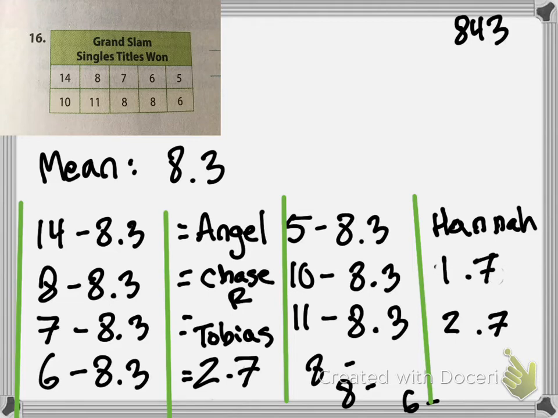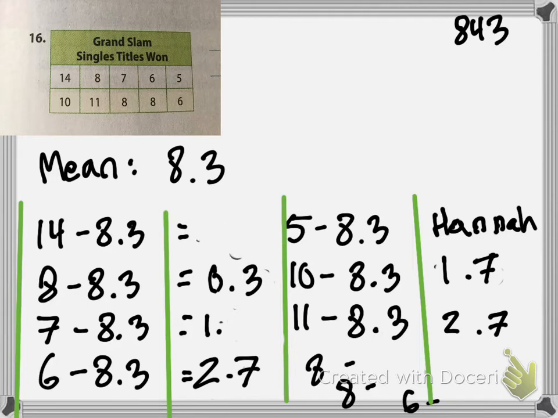Let's see who else has answered so far. Tobias got 1.7. Chase got his right. It is 0.3. Perfect. Chris got that 5.7.